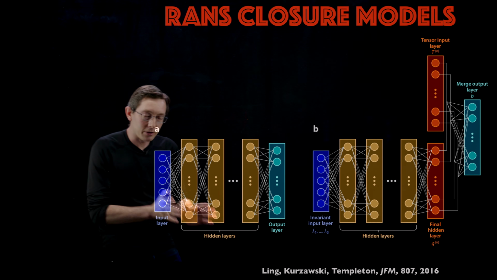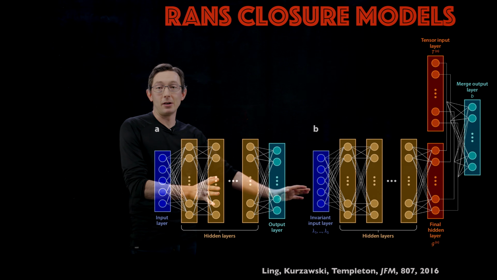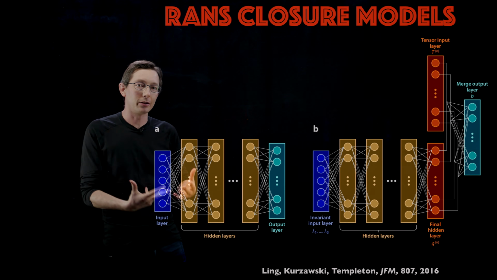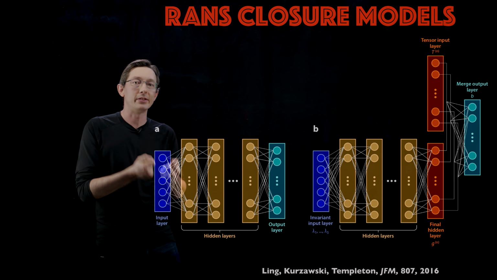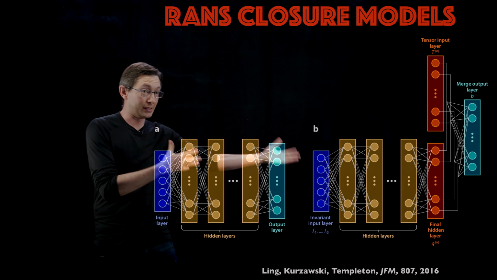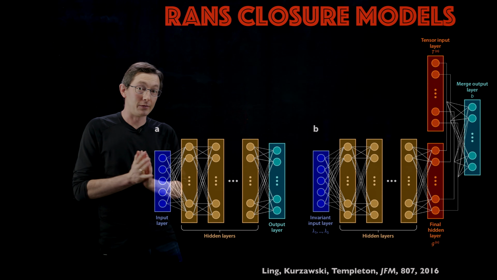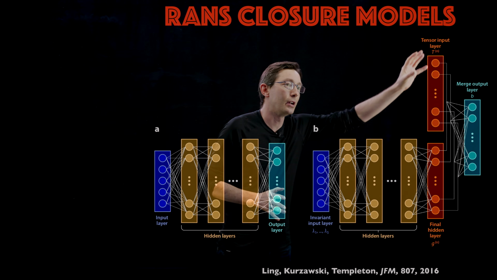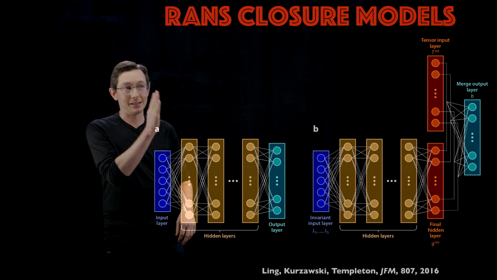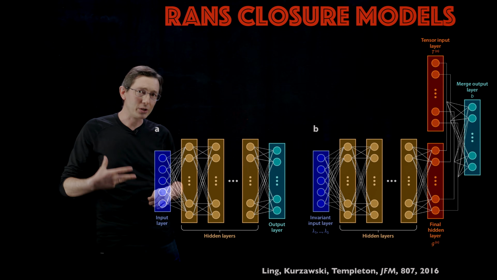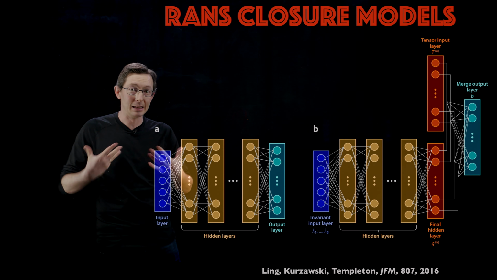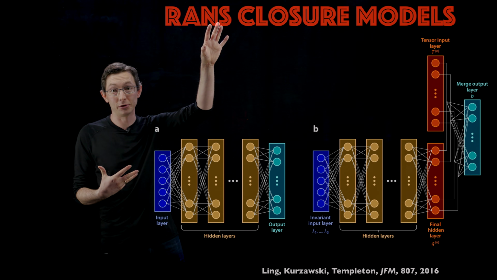And the other approach I like much better. This is what Ling et al. are doing here, which is to guide the learning process with some partial physical knowledge, to constrain your machine learning algorithm, in this case a neural network, with partial knowledge of the physics. And so what they were able to do is modify their deep learning structure to include this tensor input layer, which allows them to embed known invariants and symmetries that should be in any closure model.